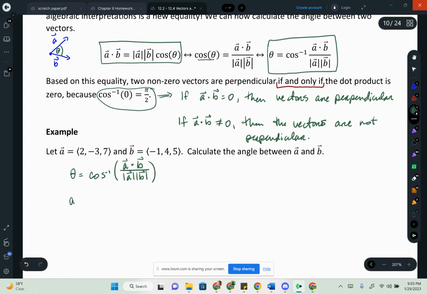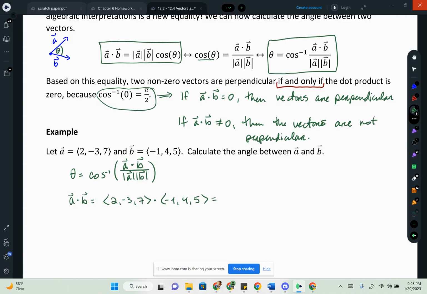So first I'm going to find A dot B. That's going to equal 2, -3, 7, dotted with -1, 4, and 5. To calculate that, remember what we said before, we take the like components and multiply them, and then add those products together.